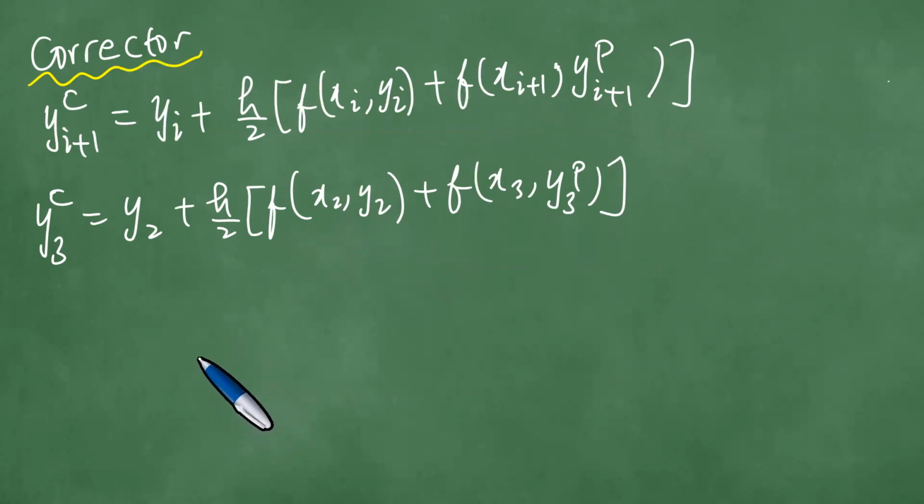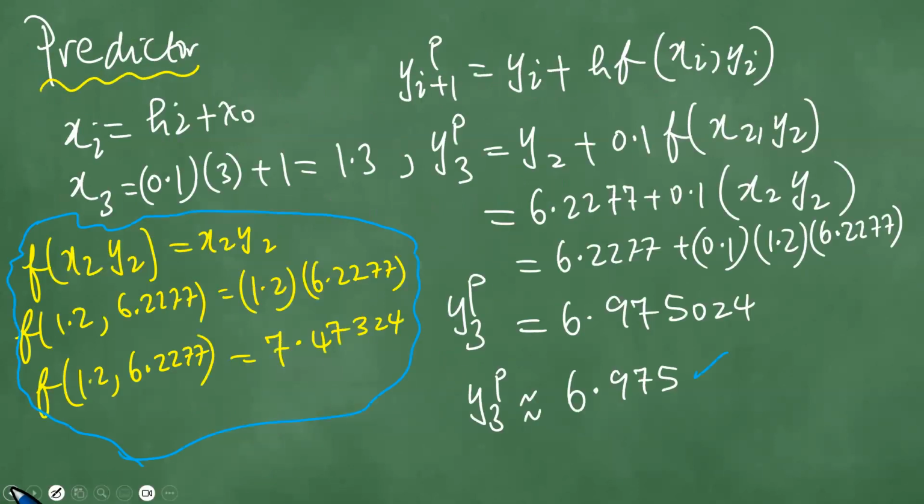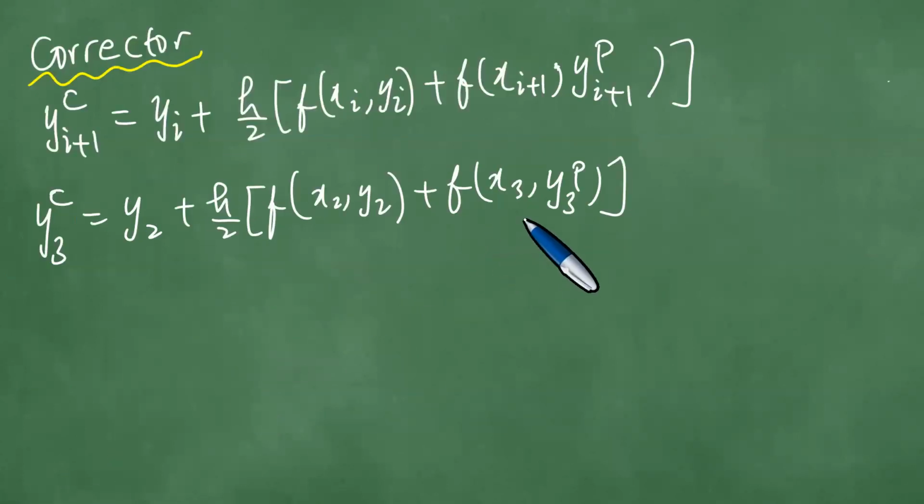Now, what do we need? We need to gather everything here, and we need to look at what is missing and what's not. Do we have x3, y3 for the predictor? Yes. But did we multiply them, the x3 and y3? No, we did not multiply them. So we need to multiply them now for this part of the formula.